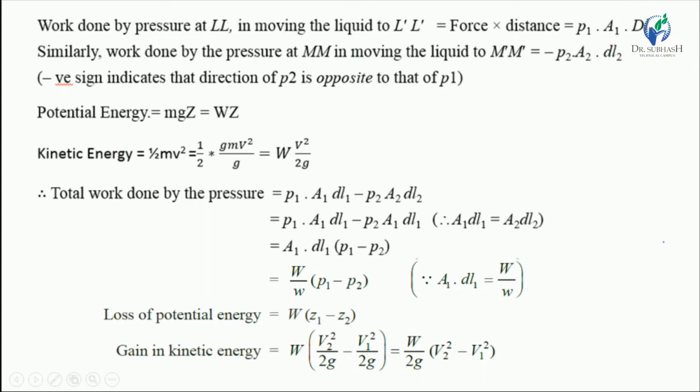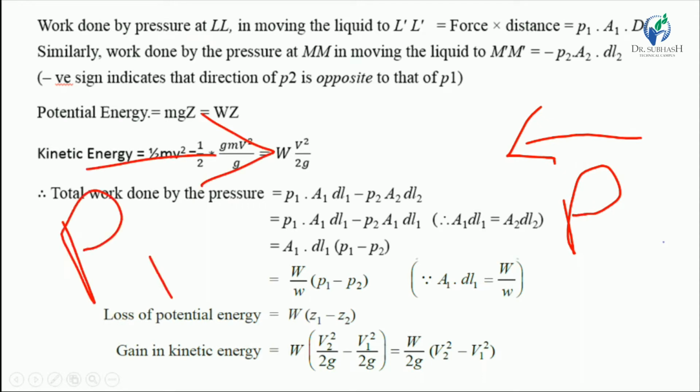Okay. Similarly, the work done by pressure at section MM to move the liquid from MM to MM dash: pressure force P2 A2 and distance dL2, but the negative sign indicates that the pressure P2 is applied in the direction opposite to P1. Okay.